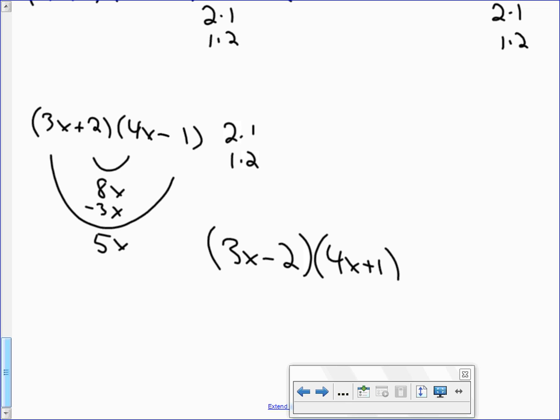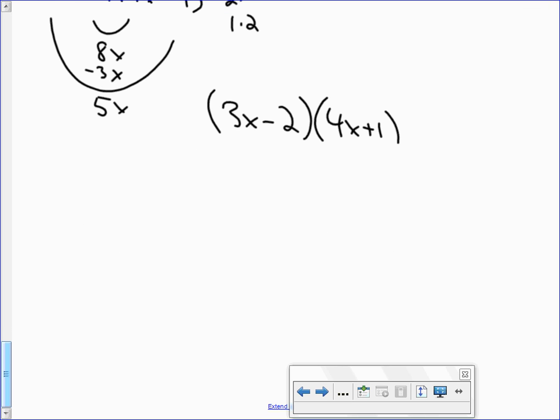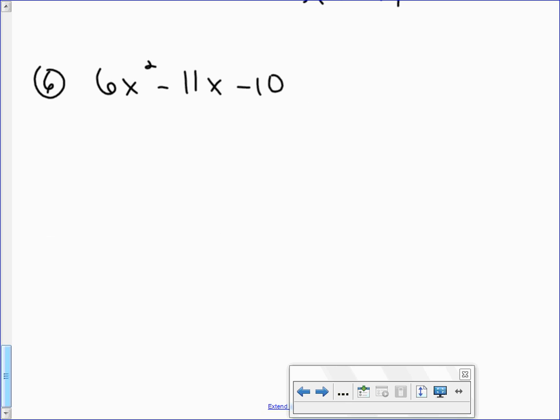Good? Now, for a problem that has multiple possibilities, I don't want the right answer. What I want you to write down for me is a list of reasonable guesses. I want you to write down for me your organized list.